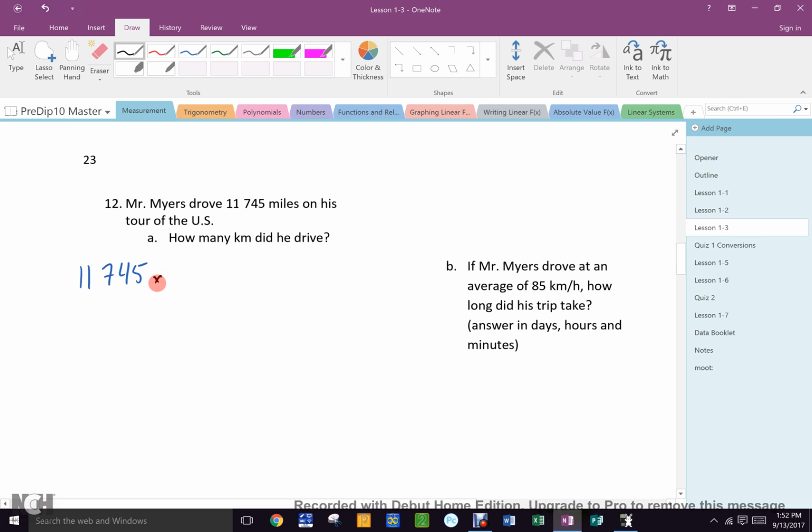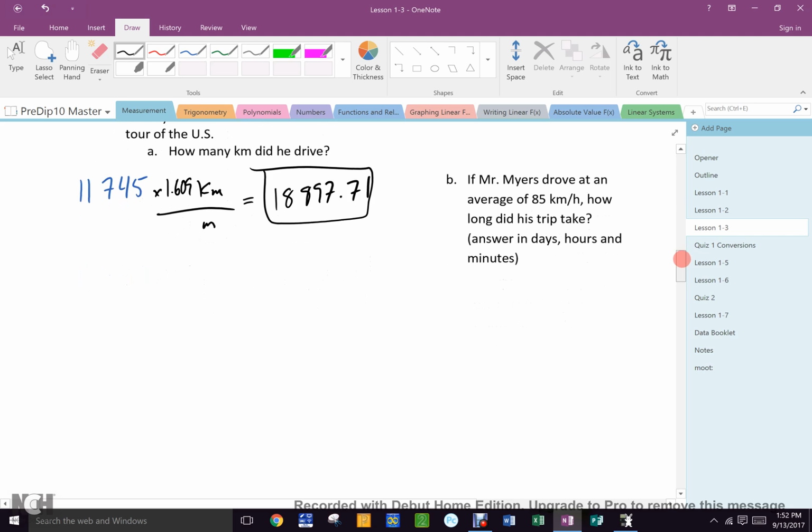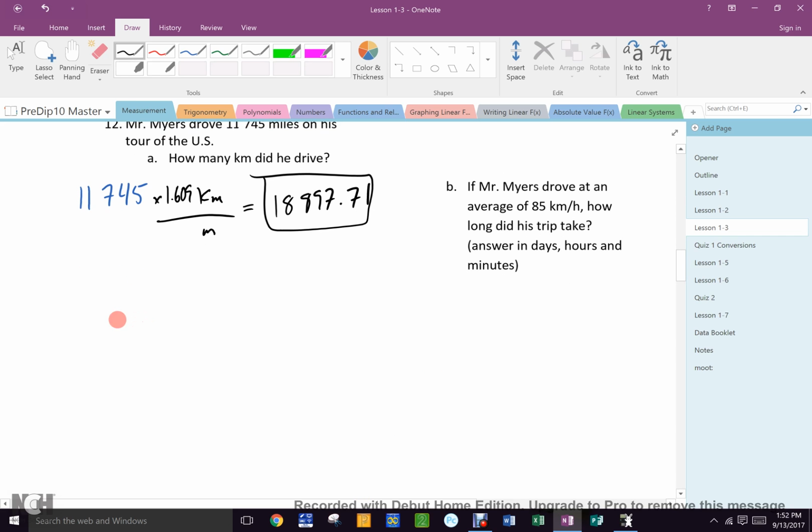So what is my conversion? Miles, 1 mile is 1.649 kilometers. So how far did I drive? 18,897.71 kilometers. Excellent. Now, what do I do to figure out my days, hours, and minutes?